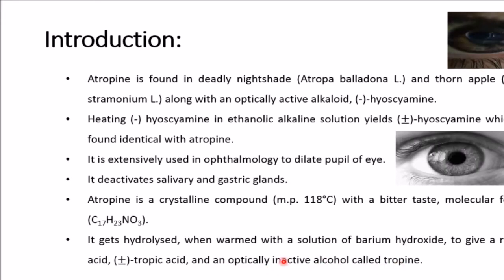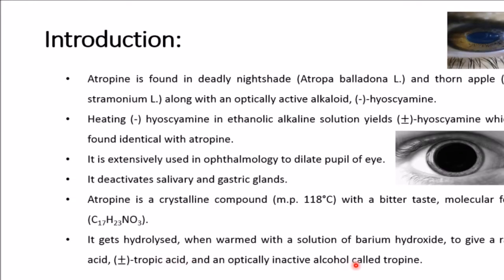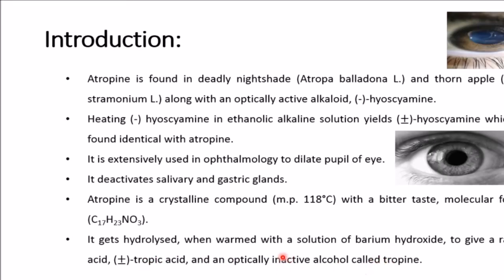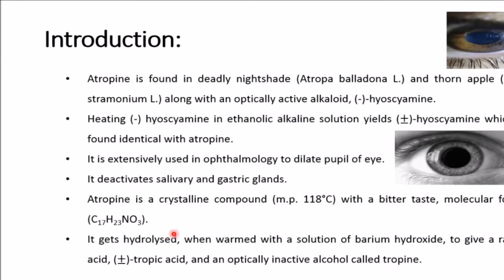So we need to study these two compounds, tropic acid and tropine, to study atropine. In this lecture we include the structural information of tropic acid and tropine, and then both of these form atropine.